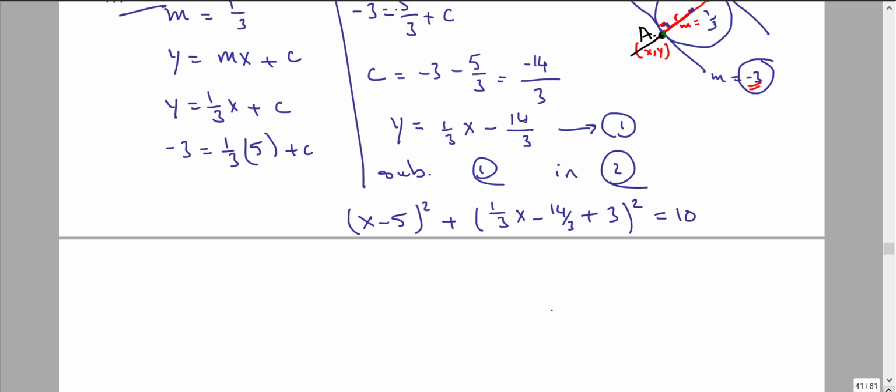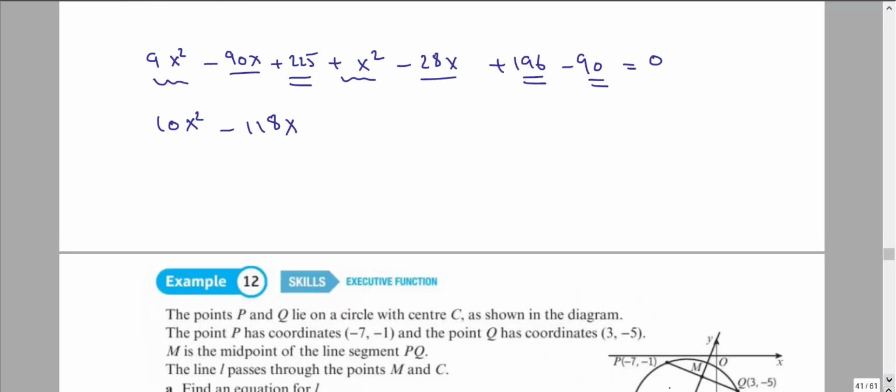Okay. So this is x. We can do this. So we have x minus 5 squared plus 1/3 x negative 5 over 3, right? Squared equal 10. Very good. So this is the one we solve. Yeah, continue.